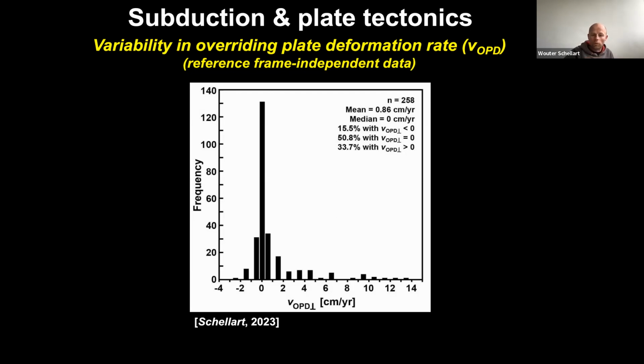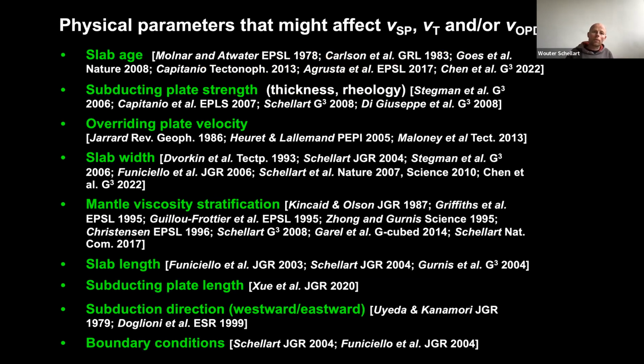Okay, so that's an interesting observation and something you might want to answer, in particular if you're a geodynamicist. And so a lot of geodynamicists and tectonicists and geologists and earth scientists in general have been thinking about these types of questions and have developed different types of conceptual models and geodynamic models, in particular to try and answer what might actually affect these different velocities, right?